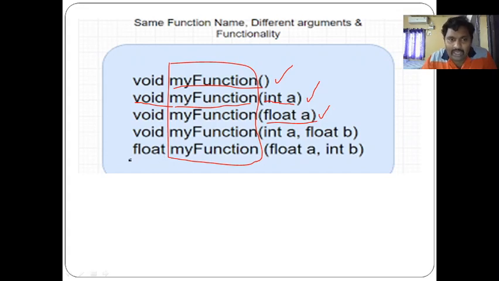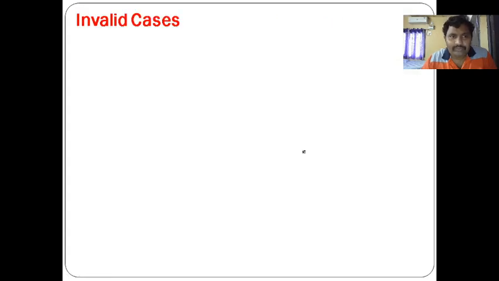We can also have a different return type. See here, up to here I have only void. Now I have float here by changing the return type. So by changing the return type, the number of parameters and their type, we can have different methods. This is nothing but method overloading.